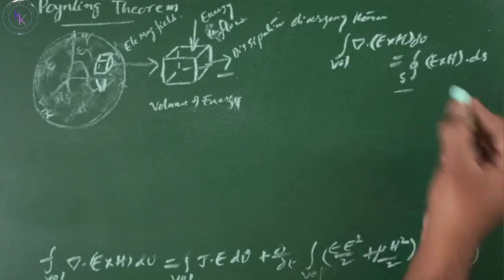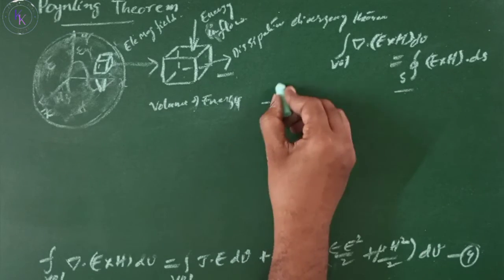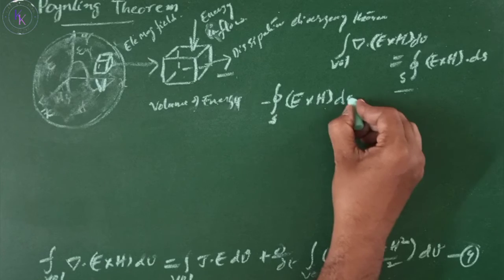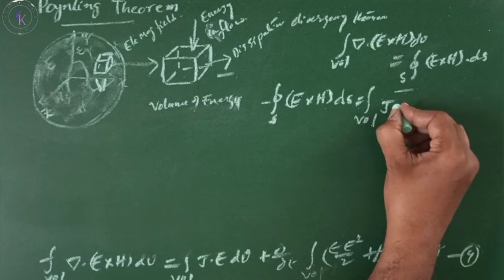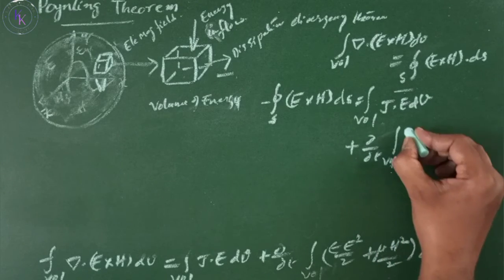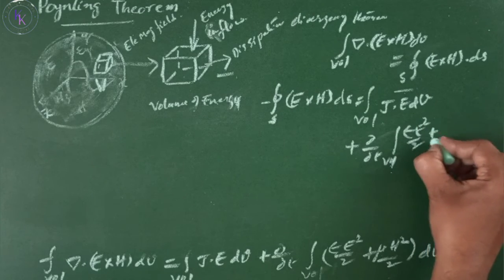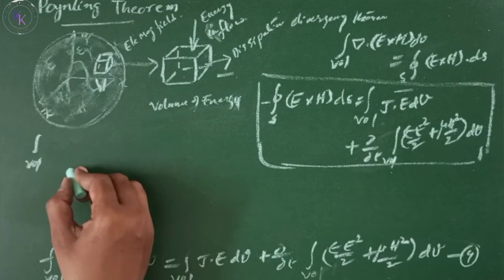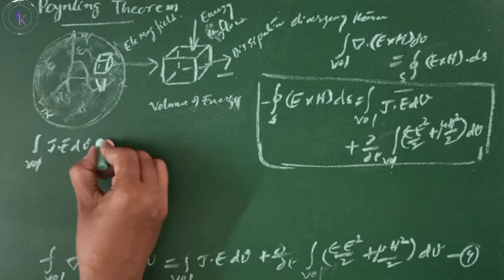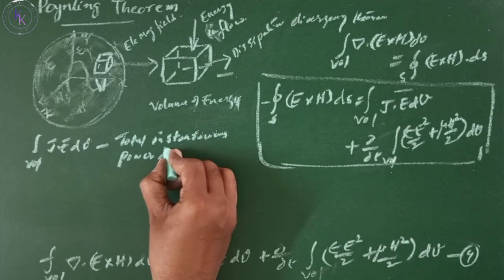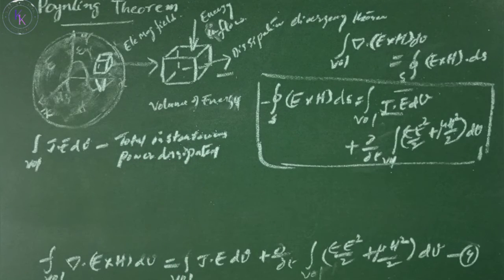Now substituting this in equation number 4, we get minus closed surface integral of E cross H dS equals volume integral of J dot E dV plus dou by dou t of the volume integral of epsilon E square by 2 plus mu H square by 2 dV. The volume integral of J dot E dV is the total instantaneous power dissipated, assuming that there is no source within the volume.